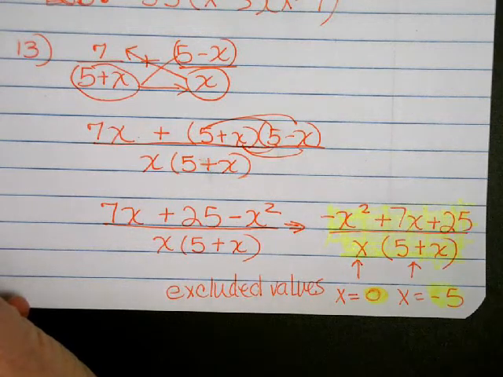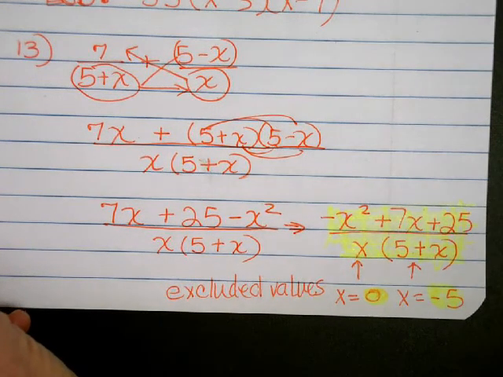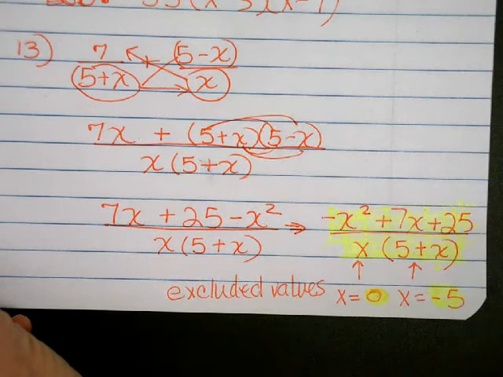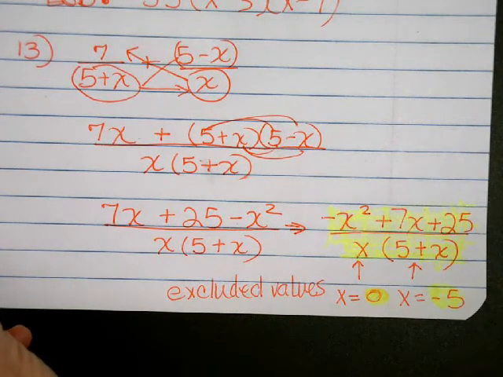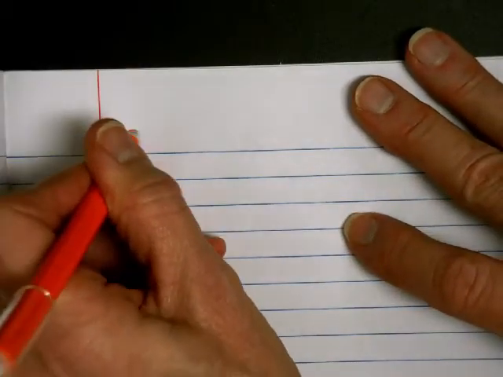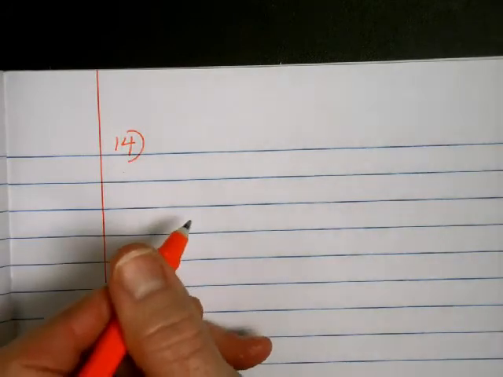But that's always lurking there. All they want you to do is be able to add two fractions. It gets messier. Okay, 14.